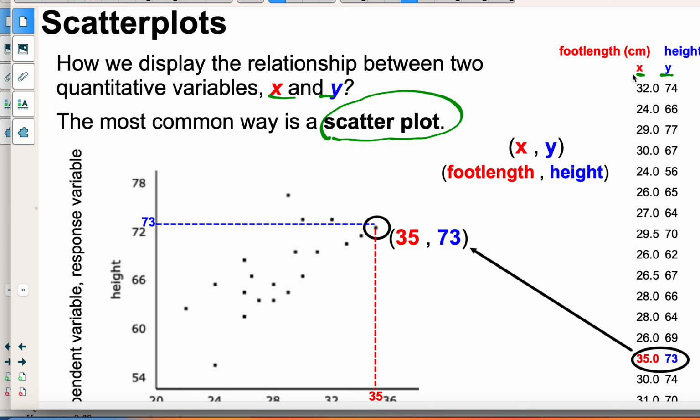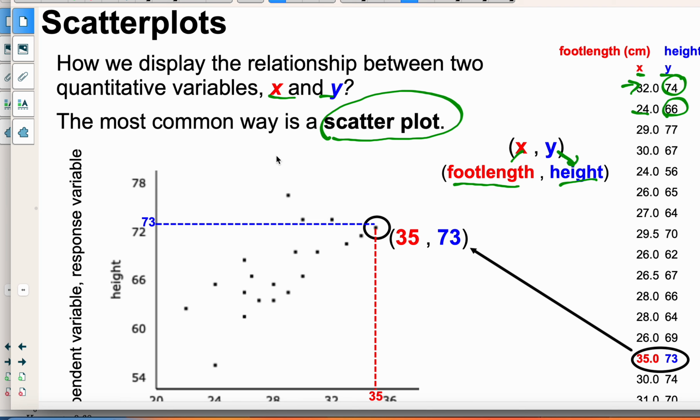They took a sample of data and they wrote down foot length, and then they wrote down how tall the person was. So they just took, I don't know how many people are here, 20 people, and they measured how long their foot was, and then they wrote down what their height was. And they want to see, is there a relationship between foot length, my explanatory variable, my x, and height, y?